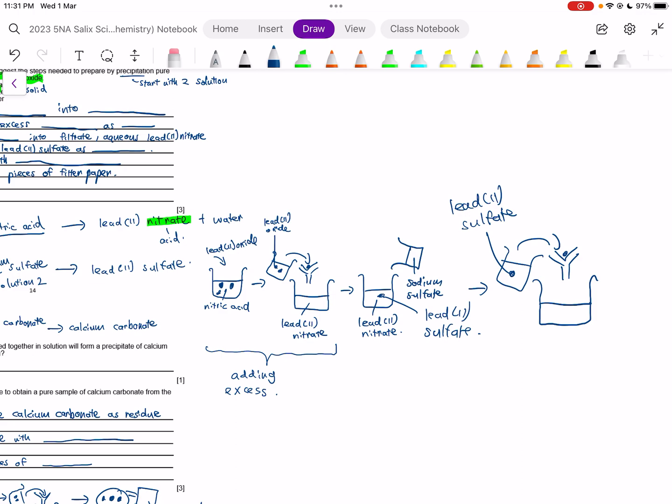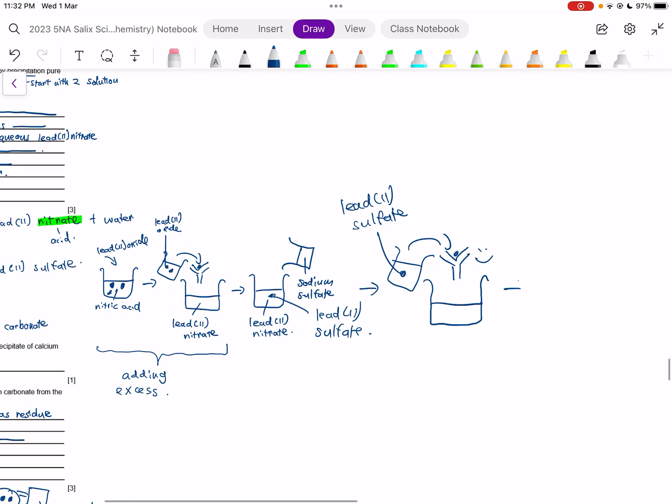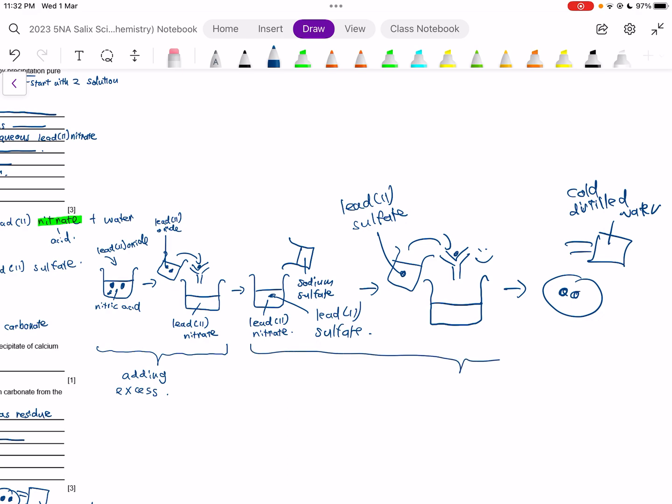You can filter out, then this is what you want. Inside the filter funnel, this is your lead 2 sulfate. Normally you take it out and wash with cold distilled water. This thing is your cold distilled water. So it's a hybrid of the two methods, and this part is the precipitation method.